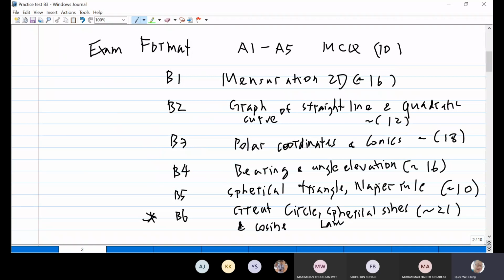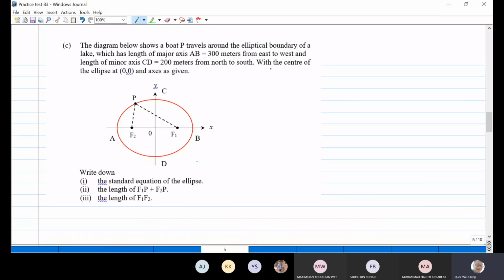Then polar coordinate, and then this one is 8 marks here. Okay, let's look at conic. Now, conic is also inside there, but in the practice exam the conic is a hyperbola, but actually the conic will be an ellipse. Okay, it's always an ellipse here.